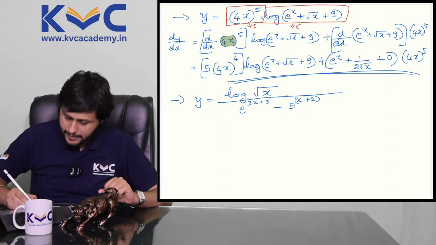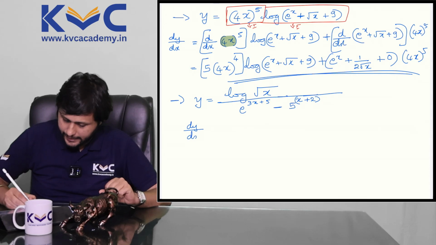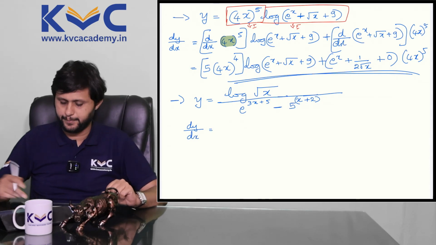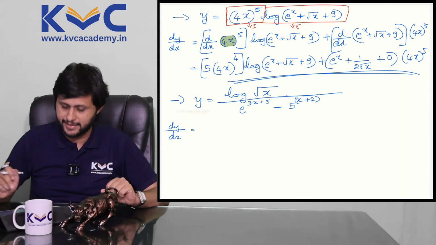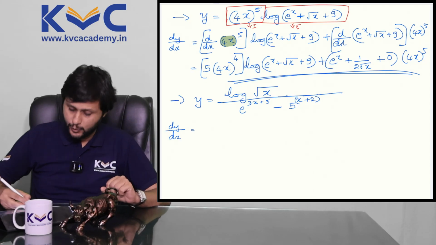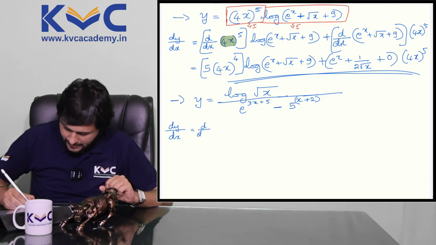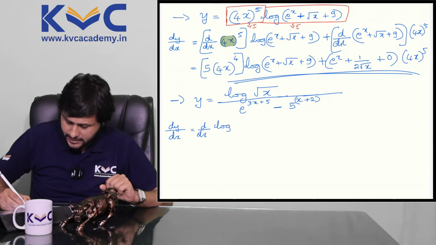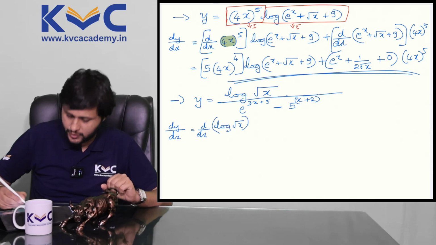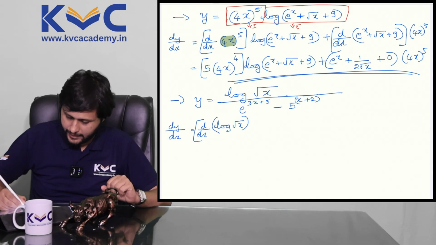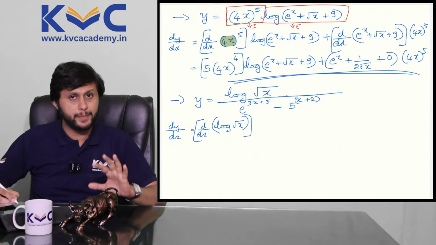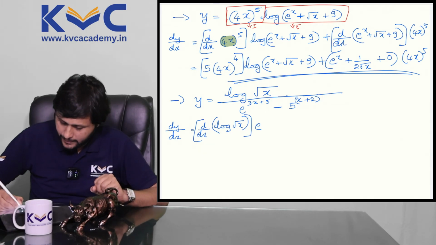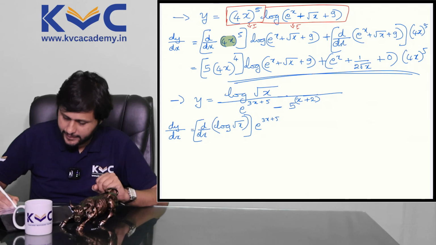Differentiation of the left hand side, dy by dx equal to, I'll push it to the side, I know more space is required. Differentiation of numerator. We are in the initial stages, so I'm writing everything. Differentiation of numerator, bracket, denominator as it is, e to the power 3x plus 5 minus 5 to the power x plus 2.